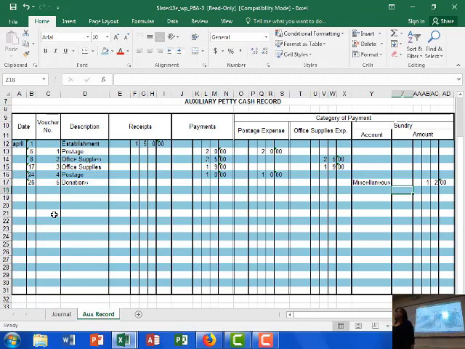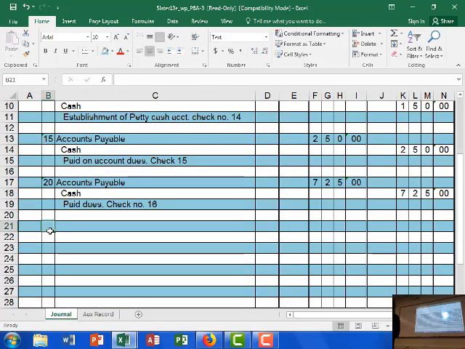The next one, issued check number 17 to Jeff Kloon to pay for office equipment, which was $750. There's where you get the $750. We're going to go back to the General Journal. 28th? Yep. What happened? Check 17.